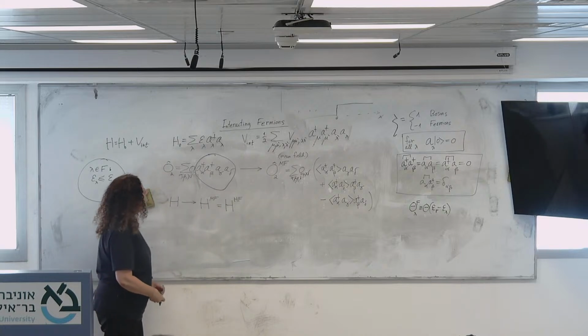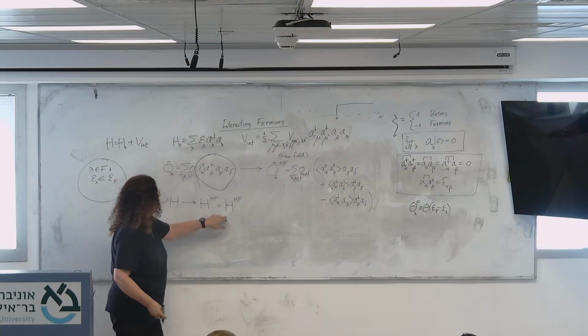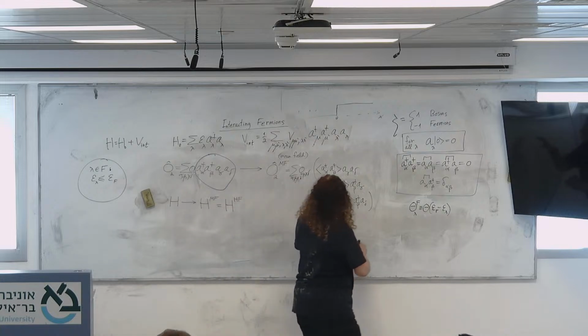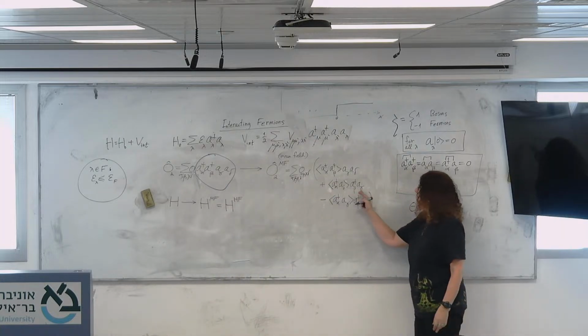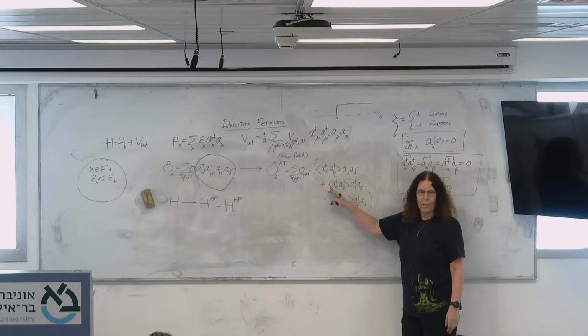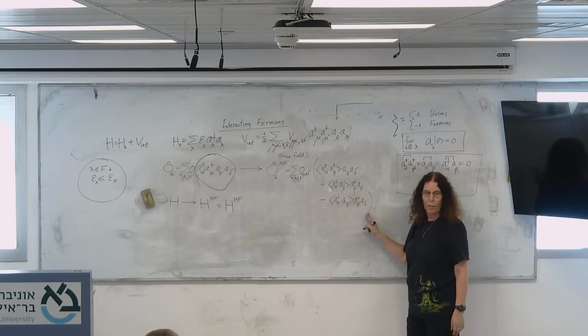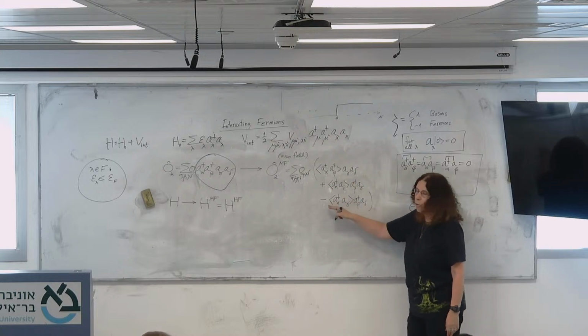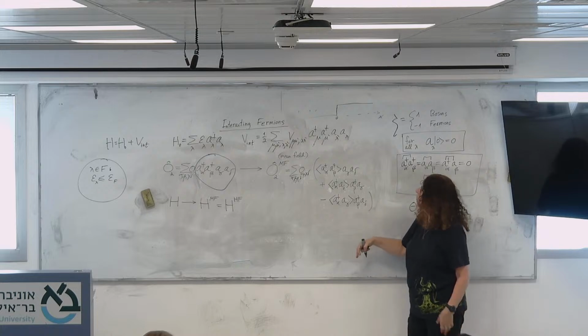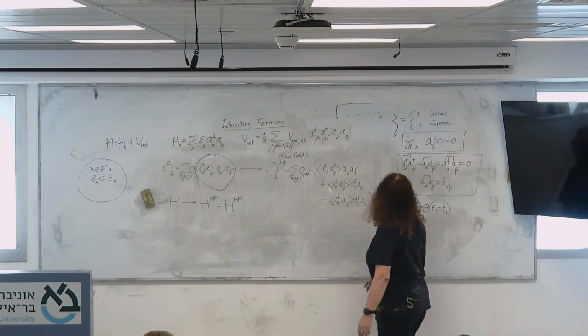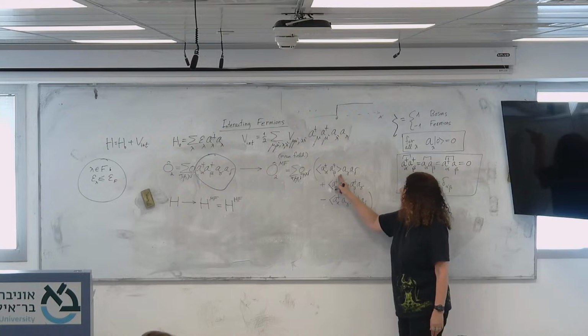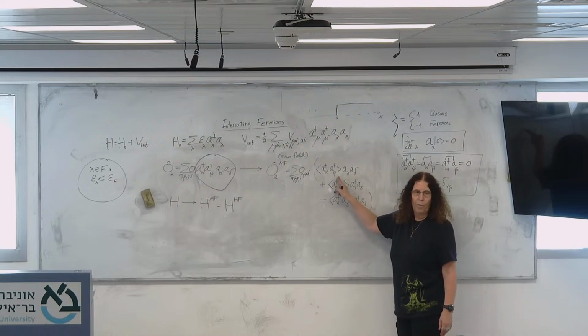Because it's going to have only two contributions. One is from the direct and the other from the exchange. This is called Hartree and this is called Fock. Okay? And for a standard Fermi sea, this is 0. The first term gives you 0.